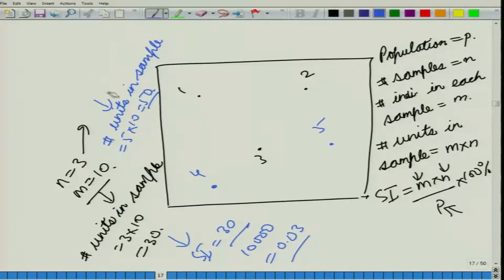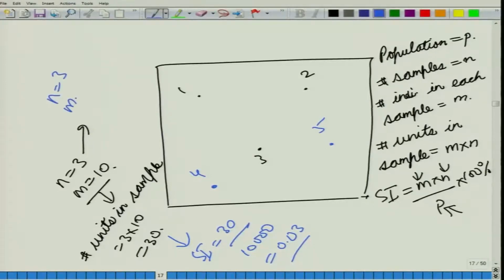So, suppose we keep the number of samples constant as 3, but in place of taking small samples we took larger size samples. So, suppose M was 100 in this case. So, we are not taking any new samples, but in place of these small samples we are considering larger sized samples. So, in place of having 10 individuals, now we are having 100 individuals.